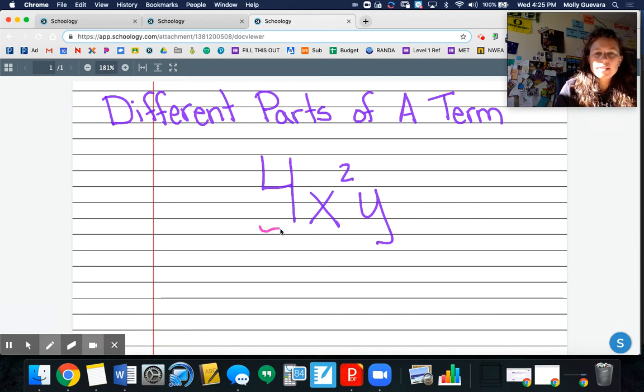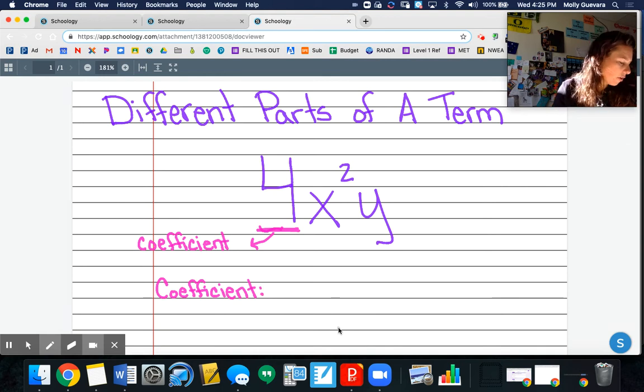The number that's in front, so this guy right here, any number that's in front of variables is called the coefficient. Kind of a tricky term. And what we're going to do is we're going to define it. Let's define coefficient, shall we? So in your notes underneath, we're going to write down what is a coefficient.